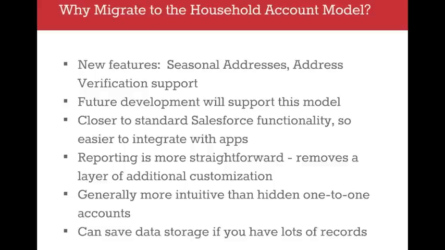So any record types that you might build on contact are supported. And of course, they're going to set you up on account with a record type for household and a record type for organization, but that doesn't stop you having other record types on that as well.